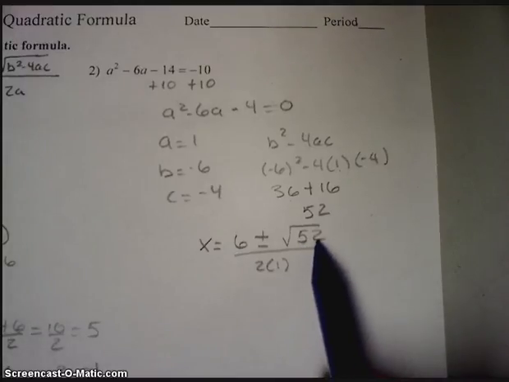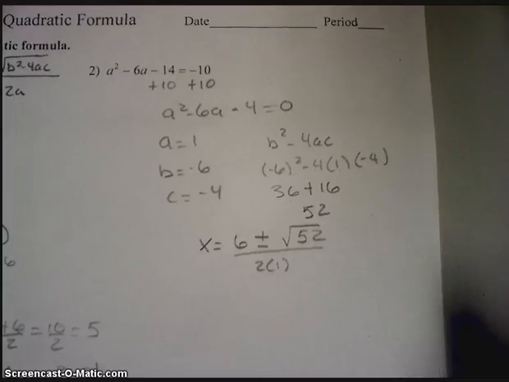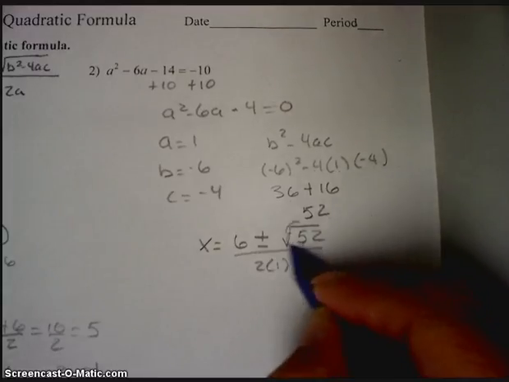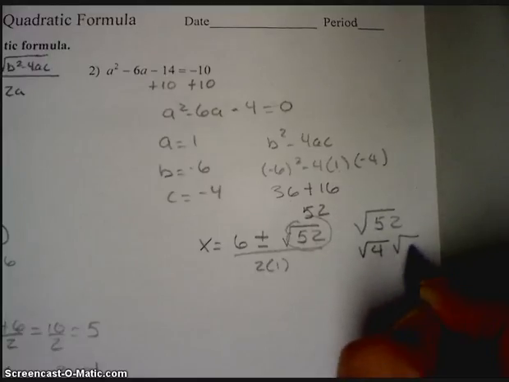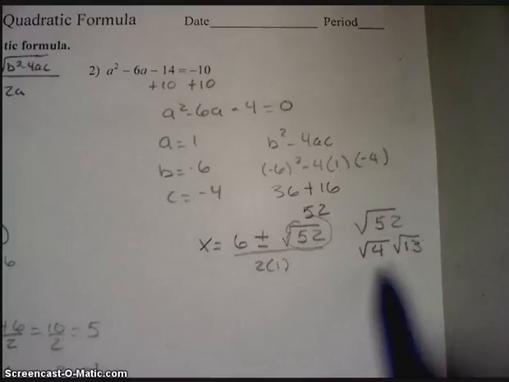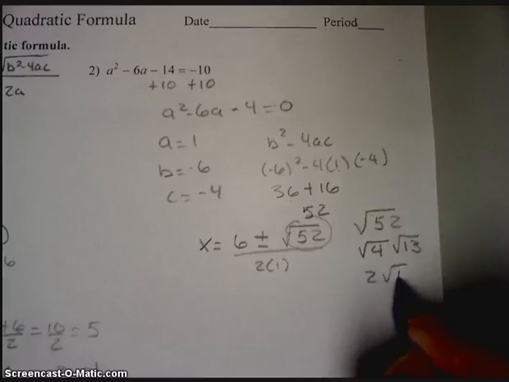So I divide 52 by all my perfect squares less than 52. 49 doesn't go into it, 36, 25, I keep going until I get that 52 can be split up into the square root of 4 times the square root of 13, because 4 times 13 gives me 52. So this becomes 2 radical 13.